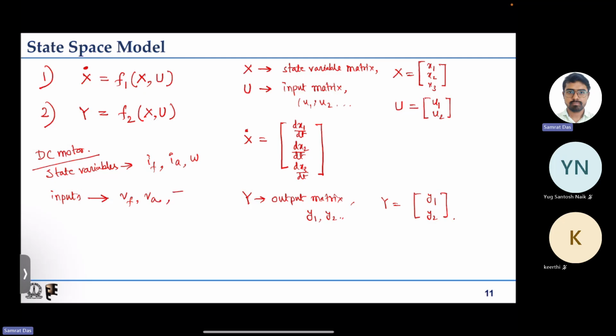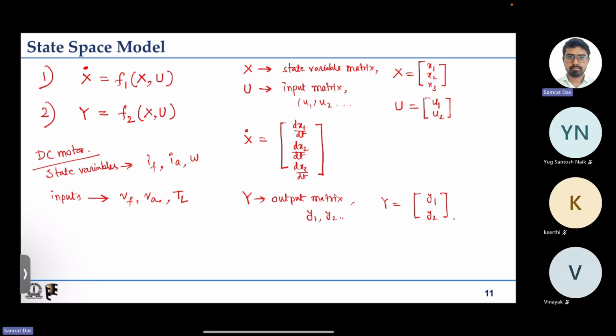And another thing that comes, which is not directly decided as one of the inputs, is a kind of mechanical input which gets applied on the system based on the mechanical load it tries to drive. So TL, the load torque, is also one of the inputs. And we have the output. Let us define only the speed as the output as of now.